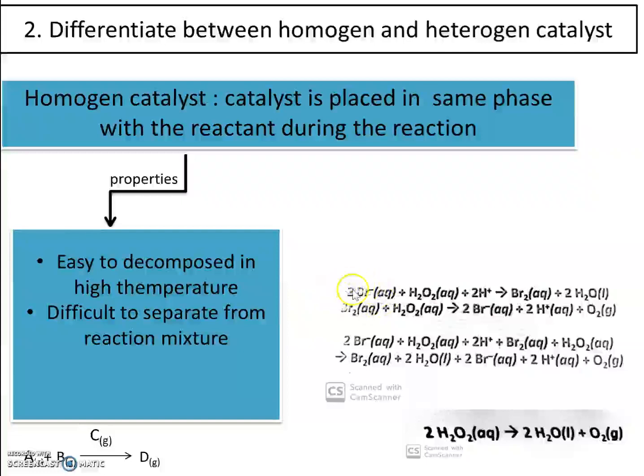The first one, 2Br- will react with 2H+ and then form Br2. After that, Br2 will react with hydrogen peroxide and then reproduce 2Br-. So in the final reaction, it will not lose the catalyst.